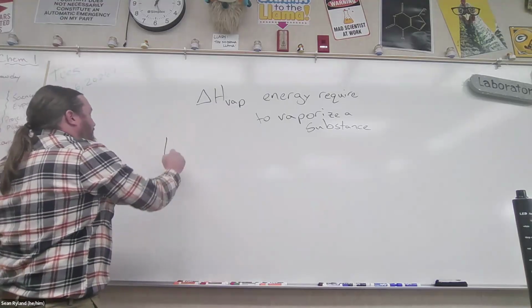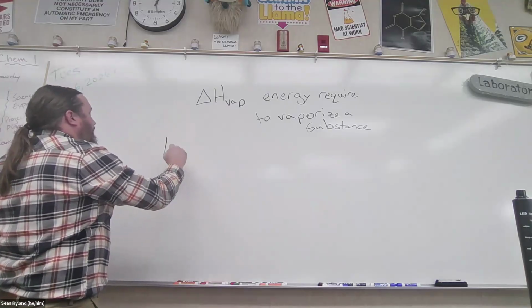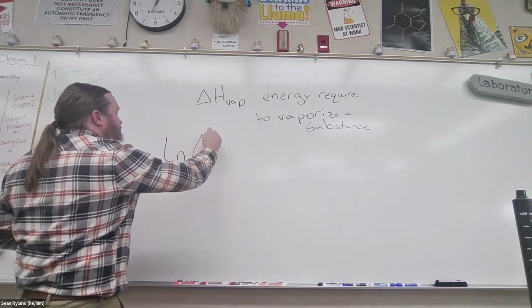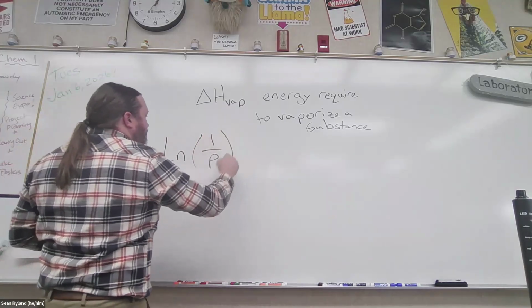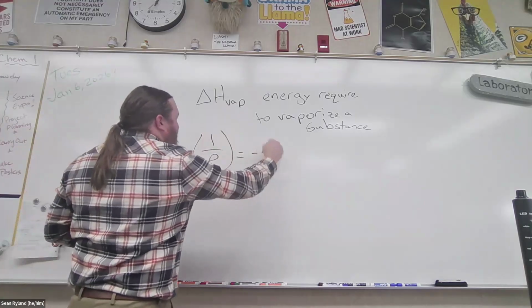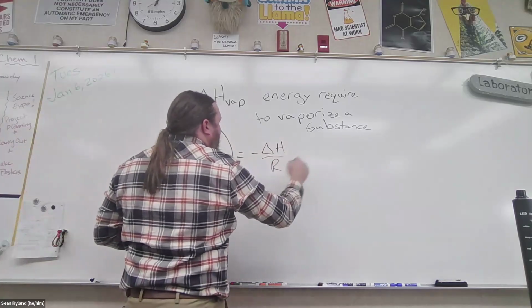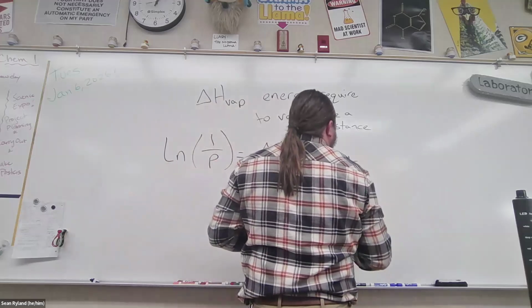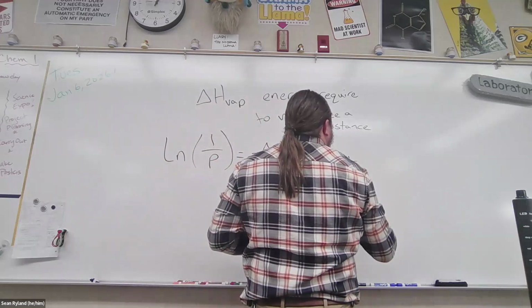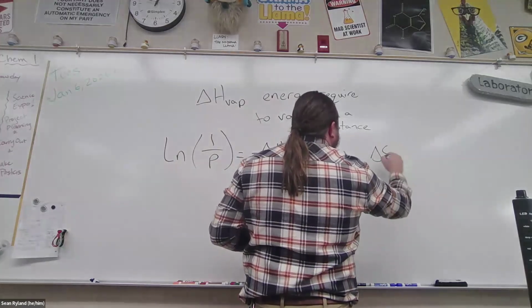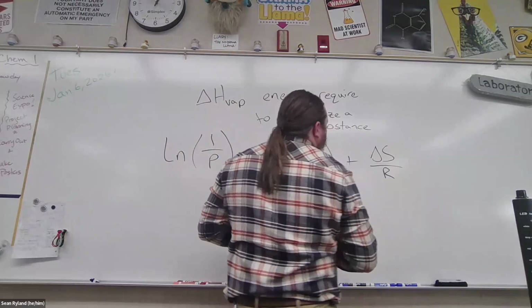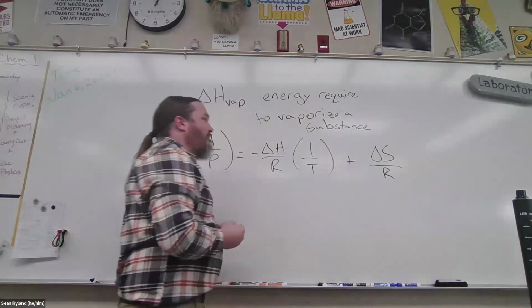And so let's see if I can do this one. Natural log of 1 over pressure is equal to minus delta H over R times 1 over temperature plus a constant, which is delta S over R, I think.